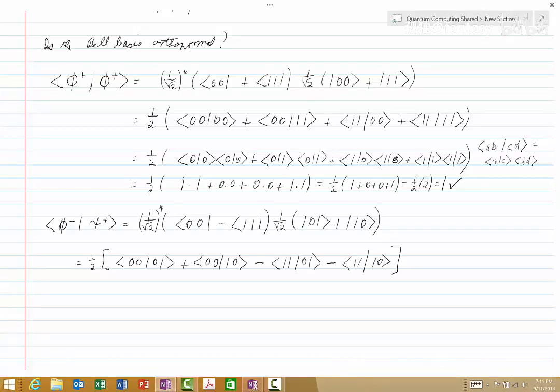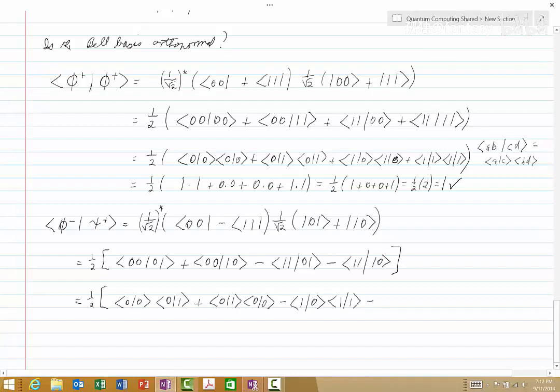And now, using the rule that we just learned, this is the same thing as 0, 0 with 0, 1, which is 0, 1 with 0, 0, minus 1, 0 with 1, 1, and minus 1, 1 with 1, 0.